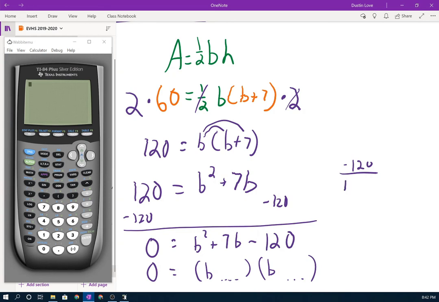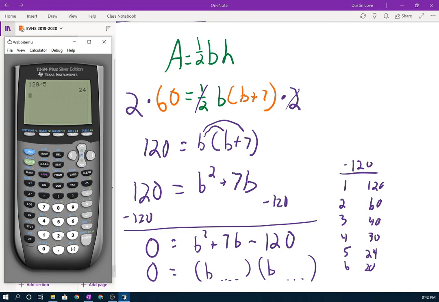So I need numbers that multiply to give me 120. Let's try 1 and 120, or 2 and 60, or 3 and 40, 4 and 30, 5, let's see, 120 divided by 5. Not every number will work here, it just happens that the first few do. 6 and 20.